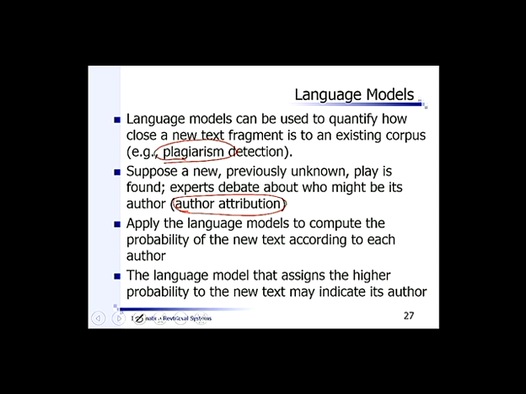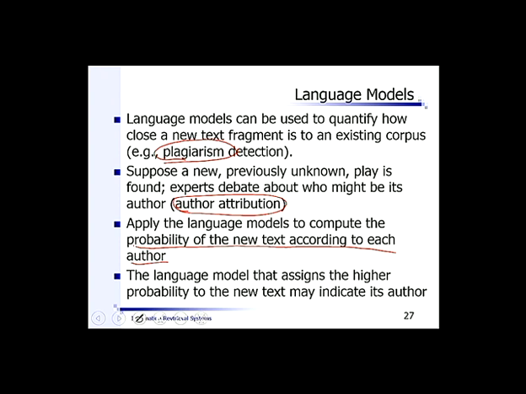So what we can do is apply the language models to compute the probability of the new text according to each author. If we develop a language model for each author, we can compute the probability of similarity between the new unseen text and the language model that we have developed based on the known pieces of writing. For example, for Shakespeare, we have his 37 plays.